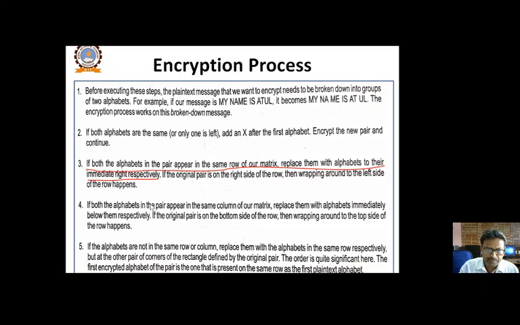If both the alphabets in the pair appear in the same column of our matrix, replace them with the alphabet immediately below them respectively, and the same wrapping phenomenon is conducted.